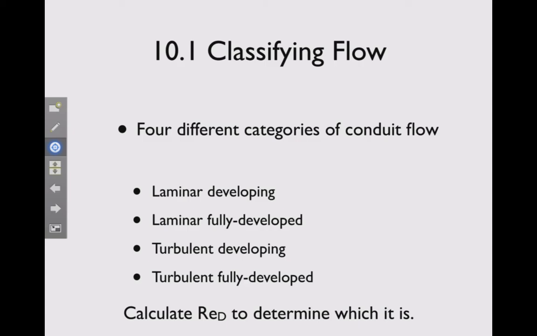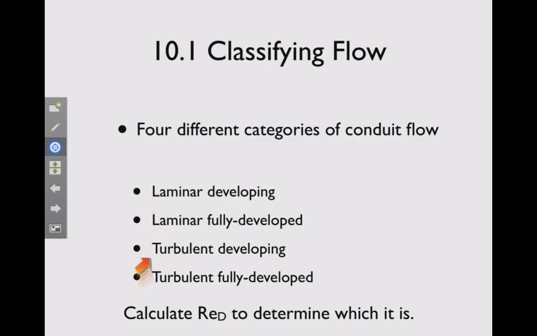So we have these 4 categories. We can have laminar developing if we're along the tube less than the entrance length. And once we're beyond the entrance length, we will be laminar fully developed if we're in the laminar region.